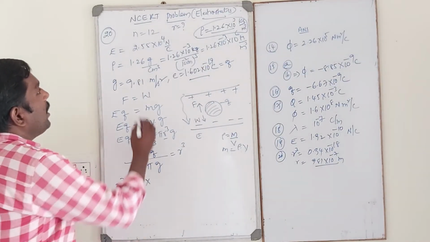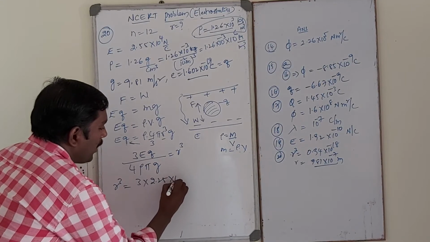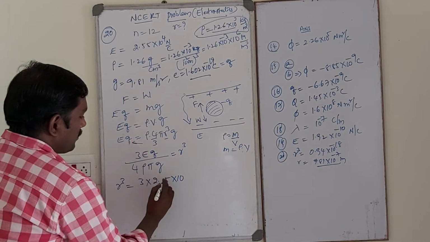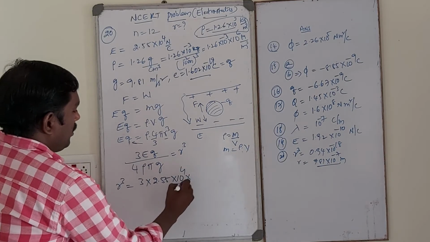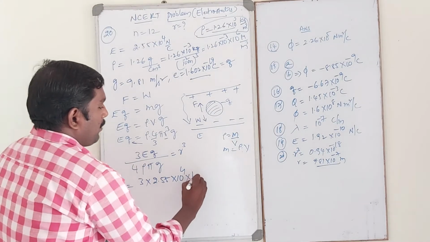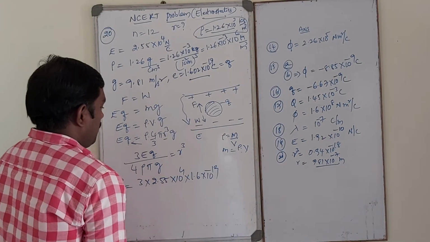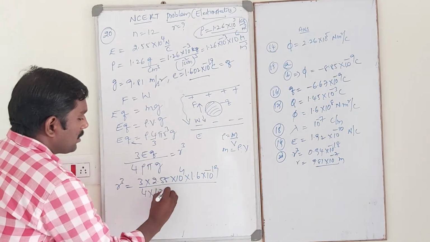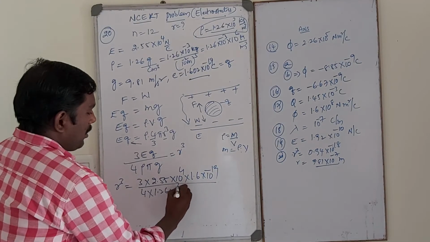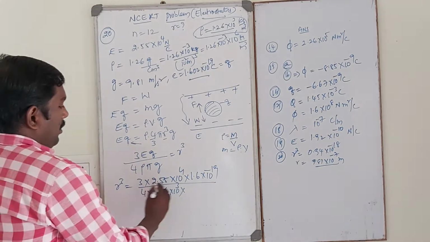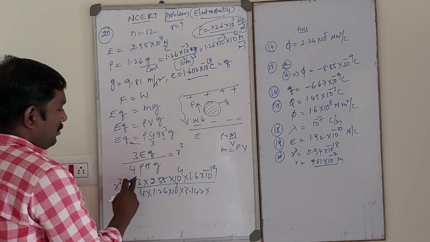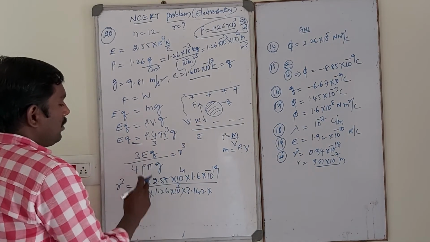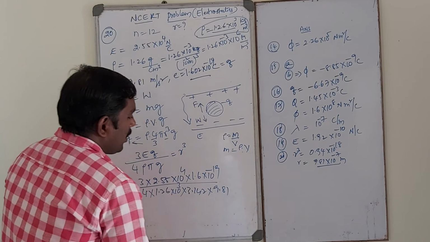So R cube is equal to 3 into, what is the value of E? 2.55 into 10 to the power of 4, into, what is the value of Q or e? 1.6 into 10 to the power of minus 19, whole divided by 4 into rho 1.26 into 10 to the power of 3, into pi 3.142, into g 9.81.